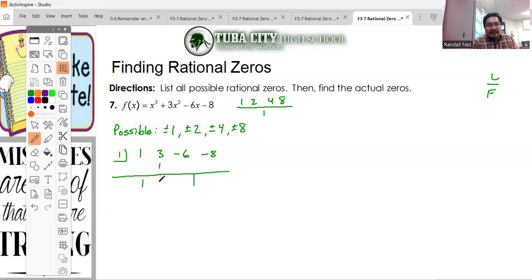Hopefully that means I don't make any mistakes, because sometimes you lose a little bit of focus. But in this case, if we try using synthetic division, it comes out with a remainder of -10, which again, that's not factorable. That means we cannot divide by 1.